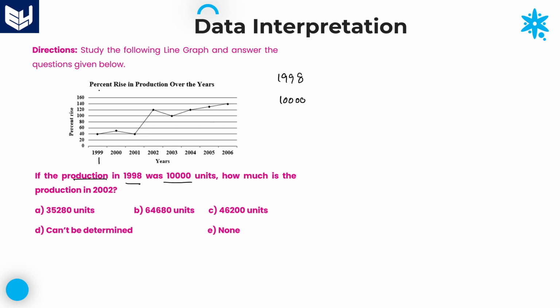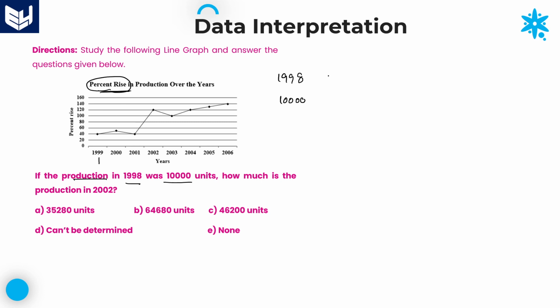Now, according to the given information, every year production increases by a percentage rise. All the values provided in this line graph are percentage increment values. So, percentage rise is nothing but in each and every year the values increase.